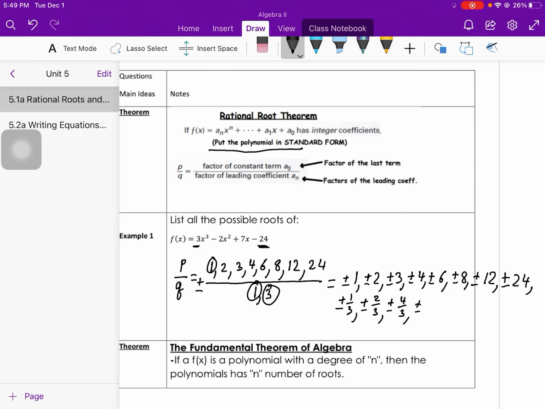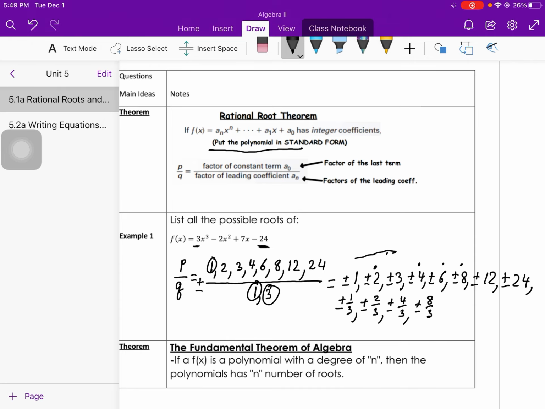Then we get to 6 over 3, but 6 divided by 3 is 2, which we already listed up here. So we don't need to list that again. 8 divided by 3 we did not list. 12 divided by 3 would be 4, so we don't need to list that one again. And 24 divided by 3 is 8. So that's the last one that we need to list.